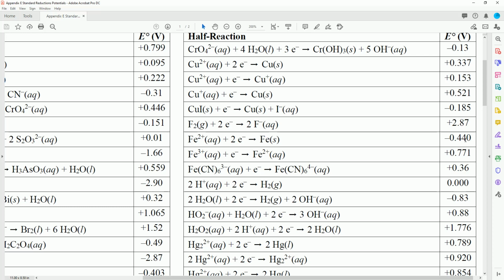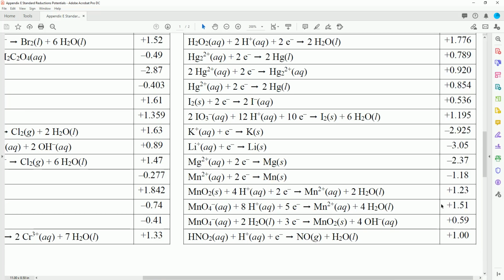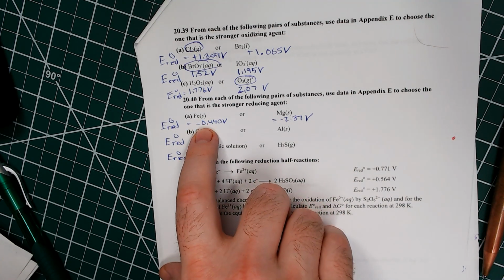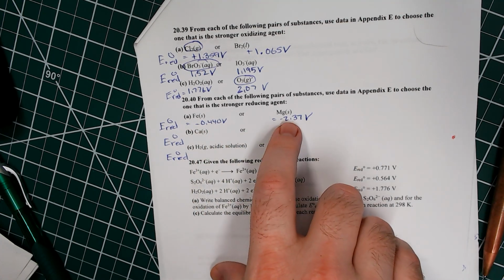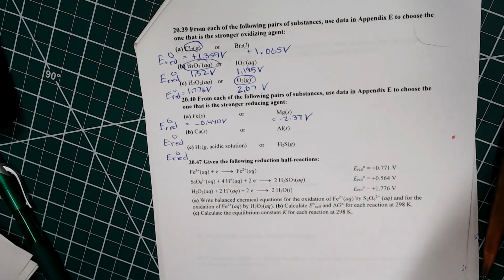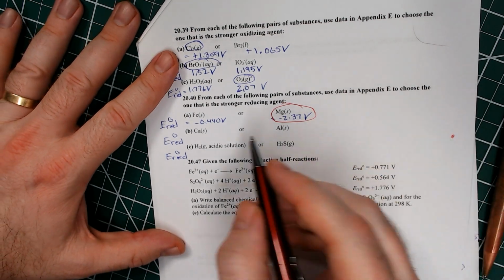And then magnesium, there's magnesium at negative 2.37 volts. That means, so with iron here at negative 0.440 and magnesium at negative 2.37, magnesium is going to be the stronger reducing agent. All right.